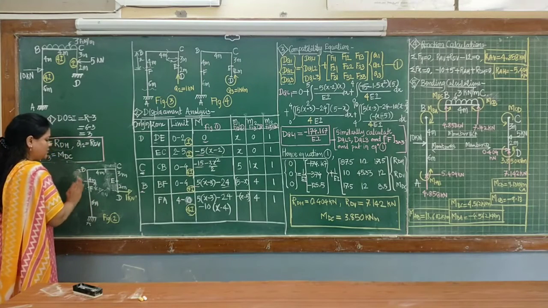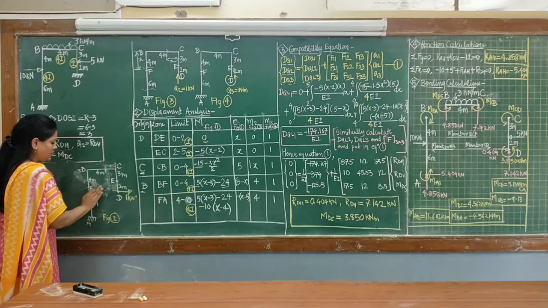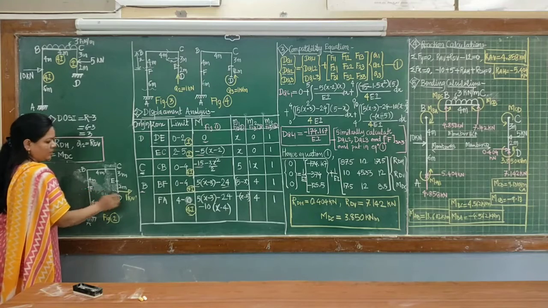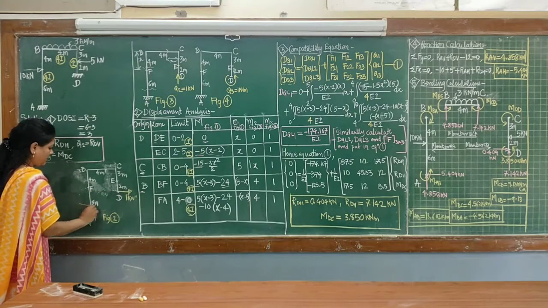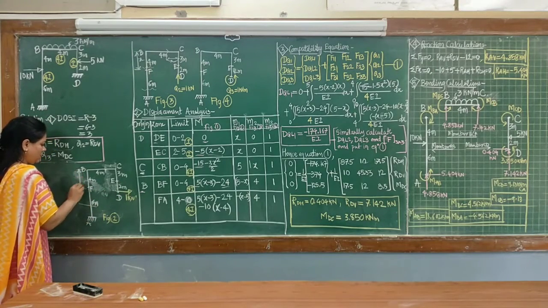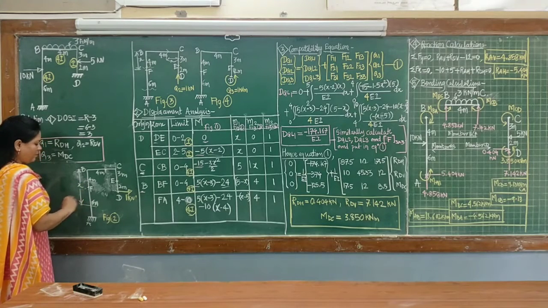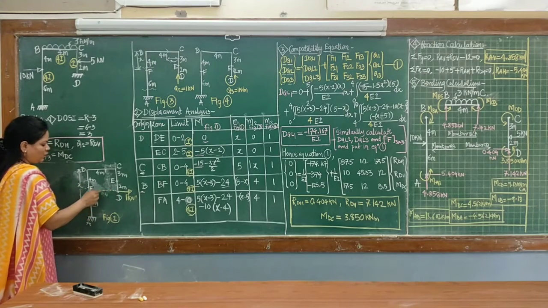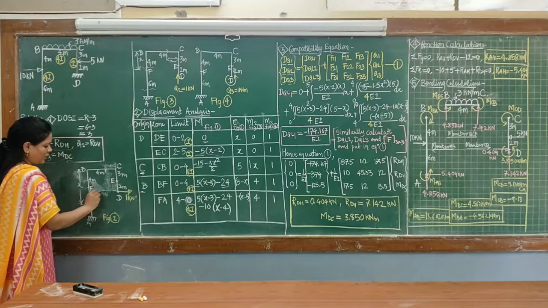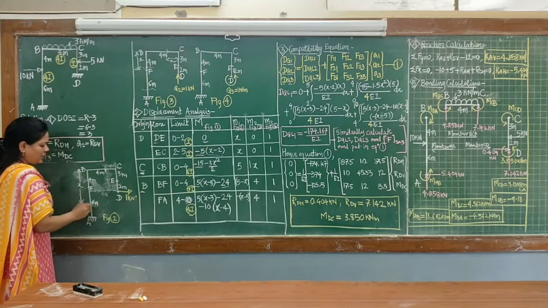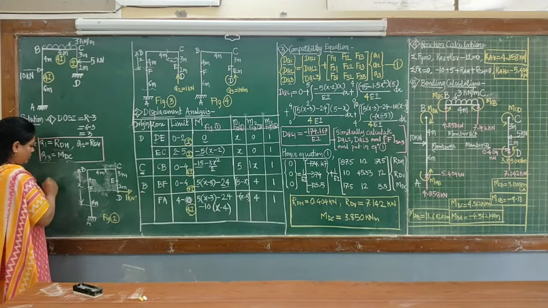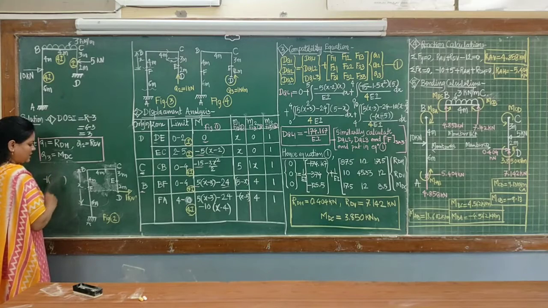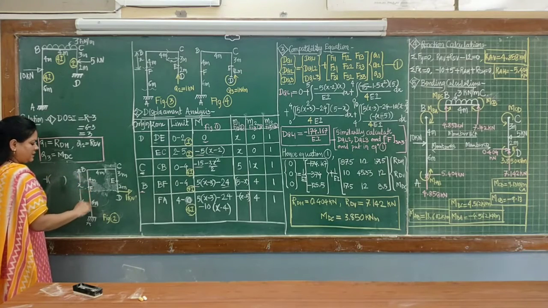And the last section is in the FA zone. Here in the FA zone, section at a distance x measured from B, the moment of this 1 kilonewton force about this point acts in clockwise direction, therefore minus 1 into distance. This total distance is x.